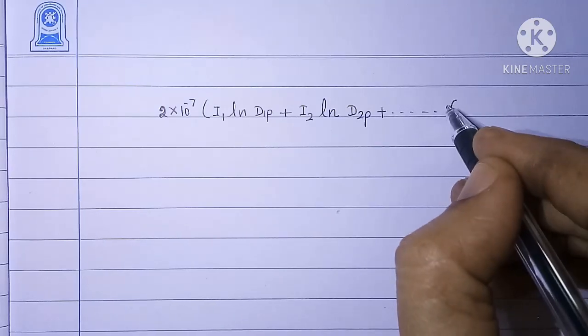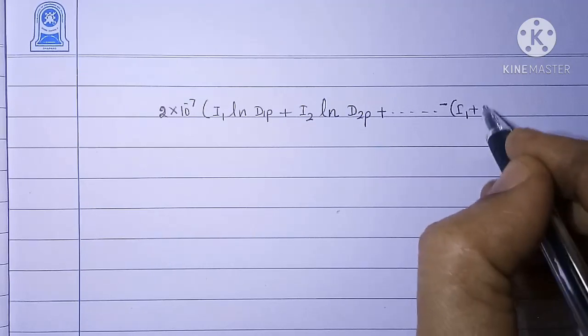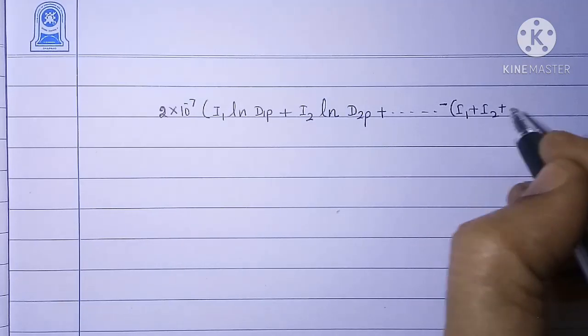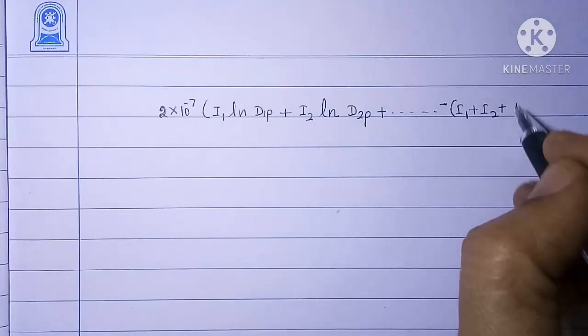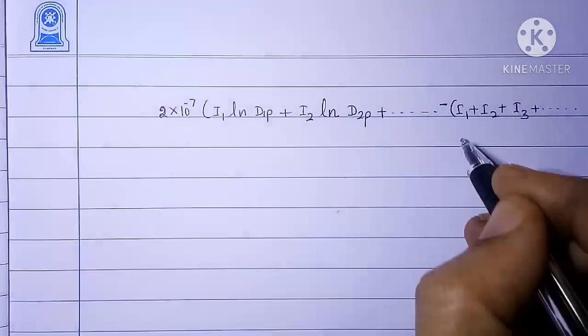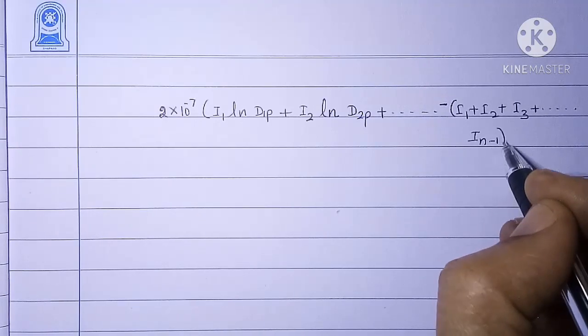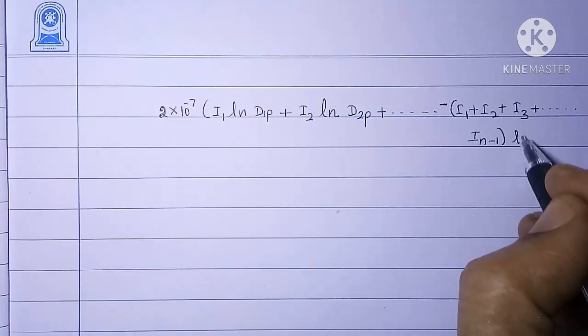But what is the value of In now? In is equal to minus I1 plus I2 plus I3 plus and so on up to In minus 1, into ln of dnp.